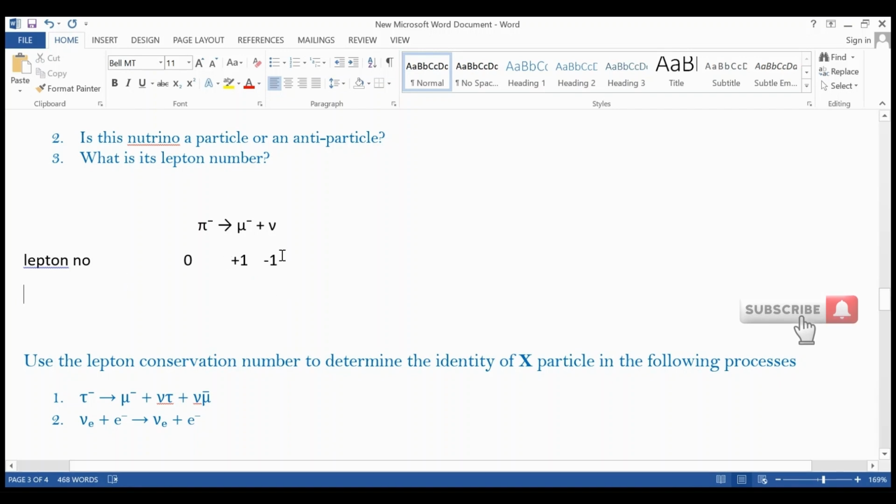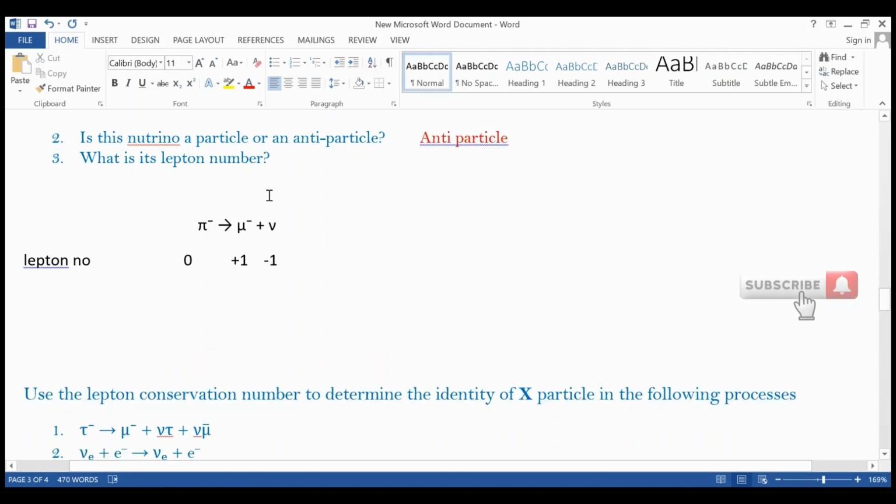So the lepton number is conserved. From this, we can deduce that this is an antiparticle, because an antiparticle will have a lepton number of -1. So this is an antiparticle. The third question is, what is its lepton number? So its lepton number is -1.